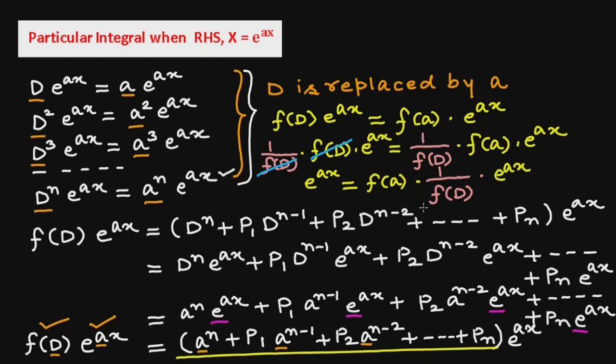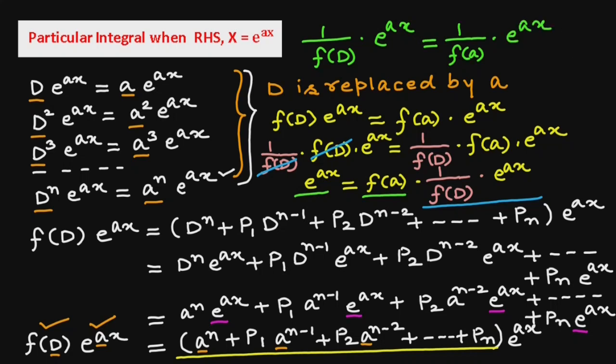Here 1 upon f(D) operating on e raised to ax is nothing but 1 upon f(a) operating on e raised to ax, where this D is replaced by a. So particular integral, operating 1 upon f(D) on e raised to ax, will be 1 upon f(a) e raised to ax.